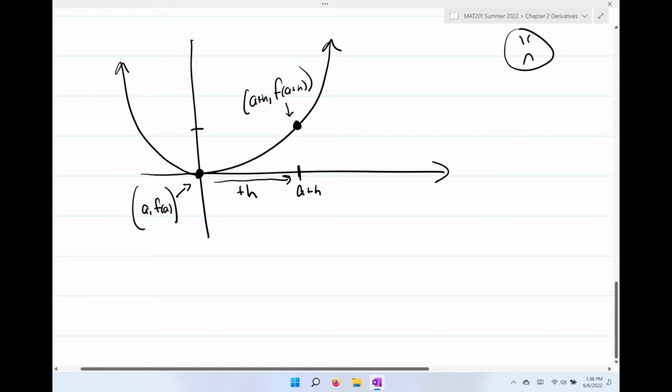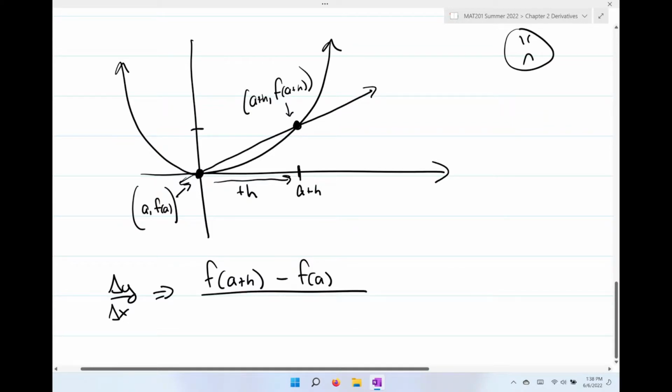Now, if I wanted to find the slope of this secant line that I just drew, well, I know it's going to be a change in y over a change in x. Therefore, this is going to be f of a plus h minus f of a. That's just like f of x2 minus f of x1, all divided by a plus h minus a.